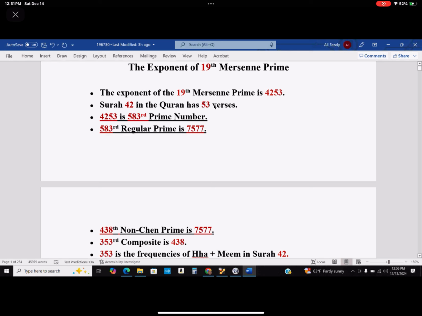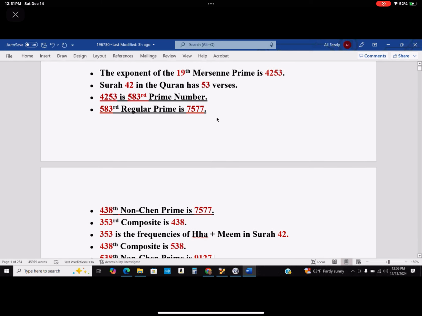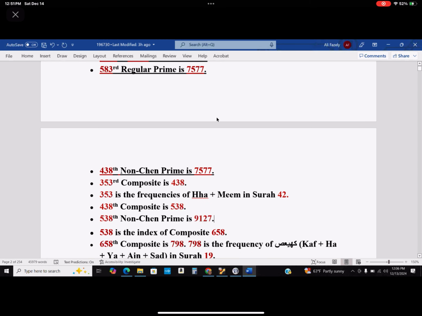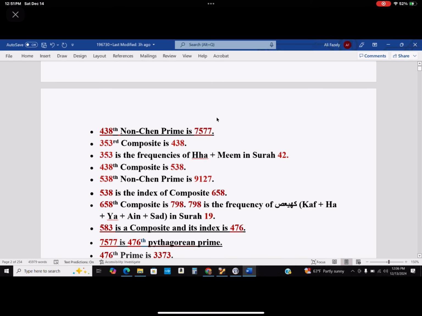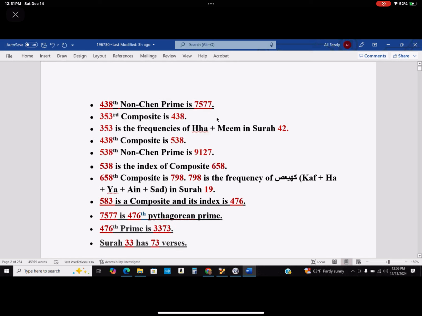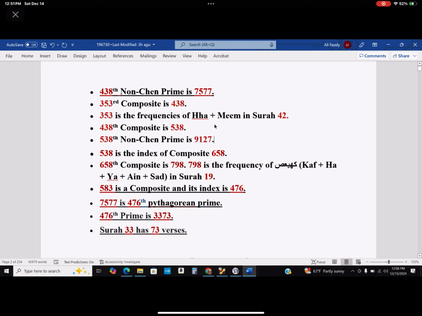First we generated how many verses are supposed to be in chapter 42. We came down here and we found out how many Hha Meem are supposed to be in chapter 42. We also re-established that chapter 9 is supposed to have 127 verses. We also established that chapter 19 is supposed to have the frequency of those letters, 798.